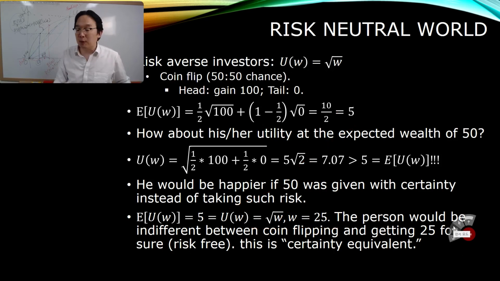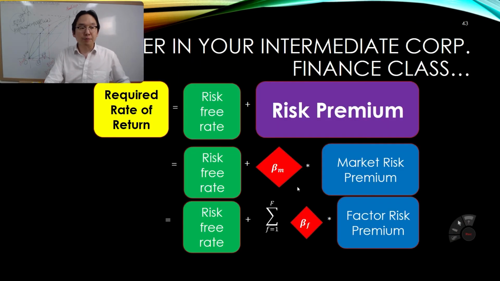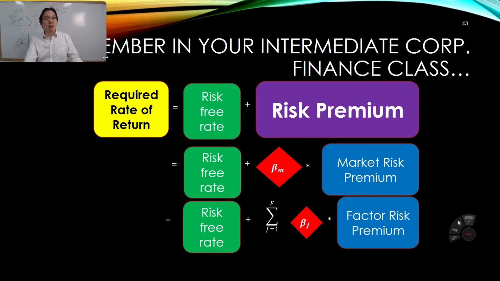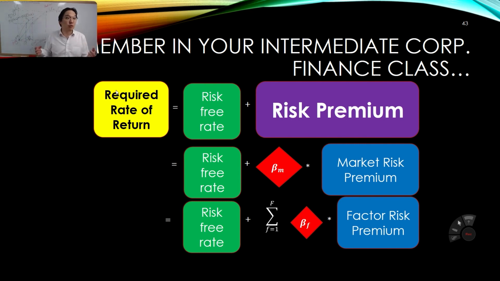The difference between these two is called what? Risk premium. All right, risk premium. And then you remember in your intermediate corporate finance class or basic finance class, right? The required rate of return or discount rate had two components, which is the risk-free rate and risk premium, and you modeled this one in CAPM with market risk premium times beta.